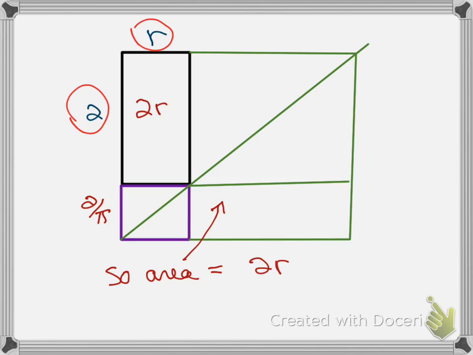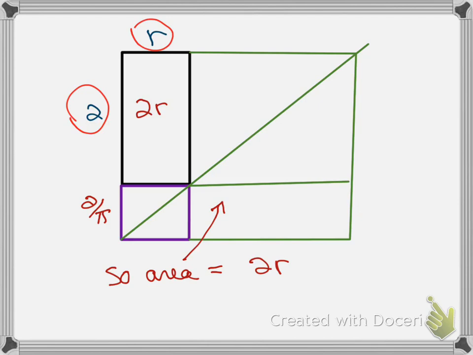Now, how do we find length 2? Well, if the square that the Quadratrix is in has sides of length 1, you're just going to double that length. How do we find r? Well, r is just the radius of the circle.